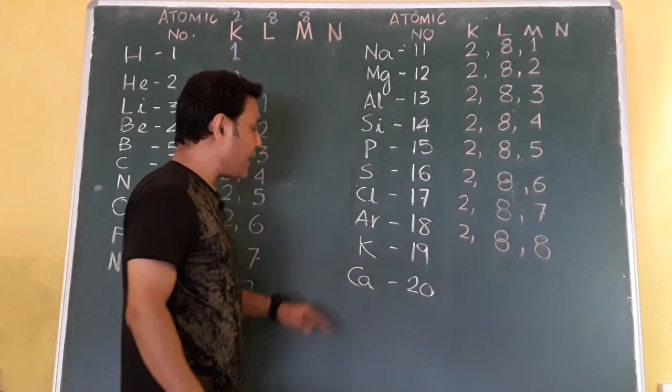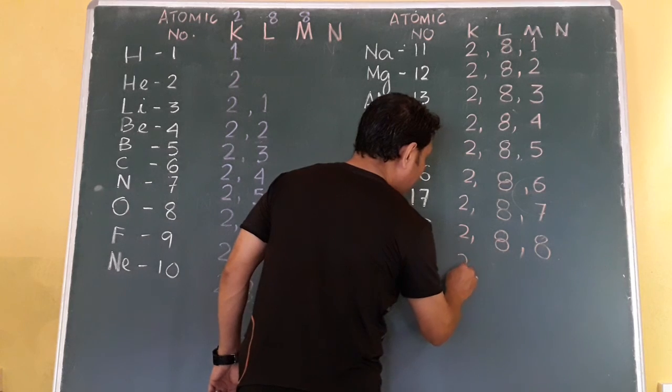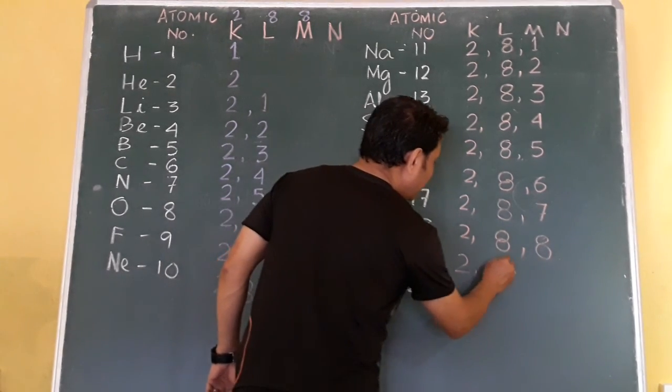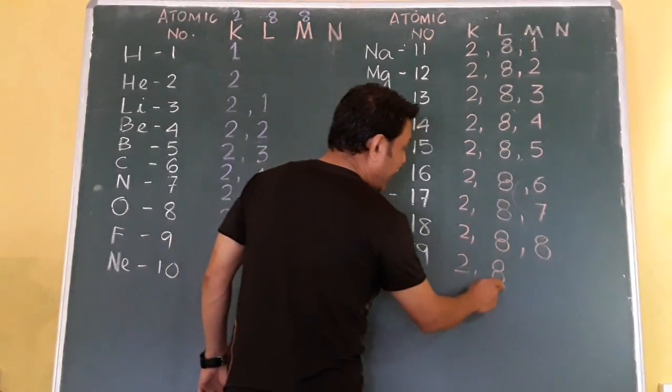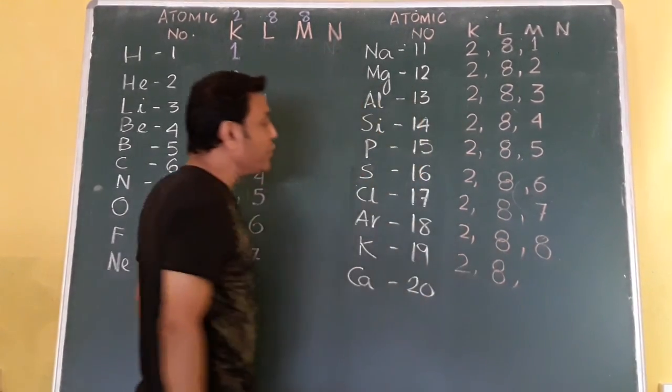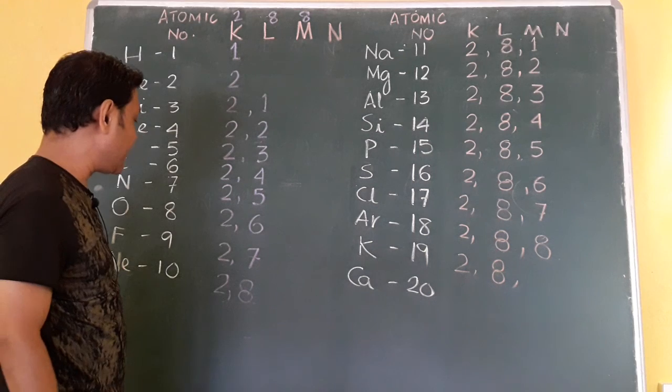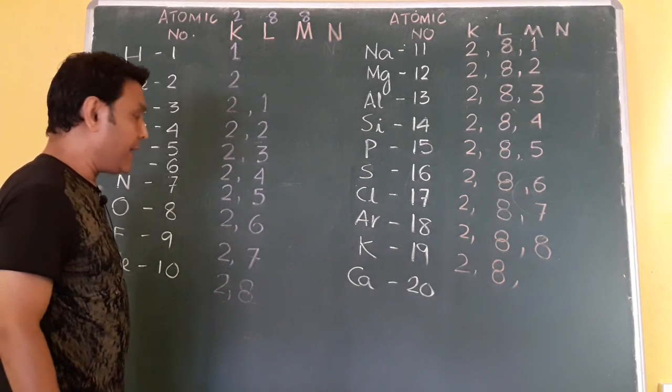Now, this is interesting. Potassium and calcium. Potassium, atomic number is 19. So 2, 8, and the maximum number of electrons you can have in the third shell is 18.